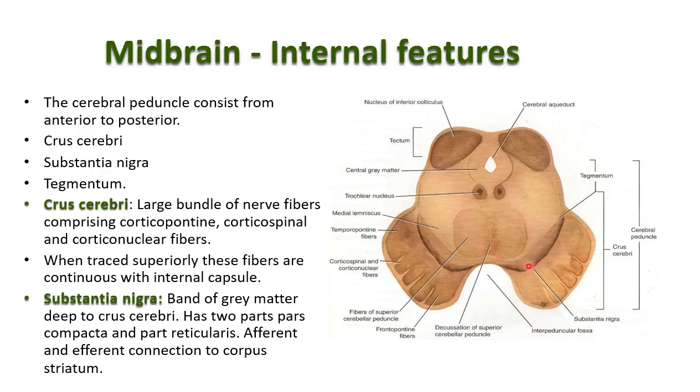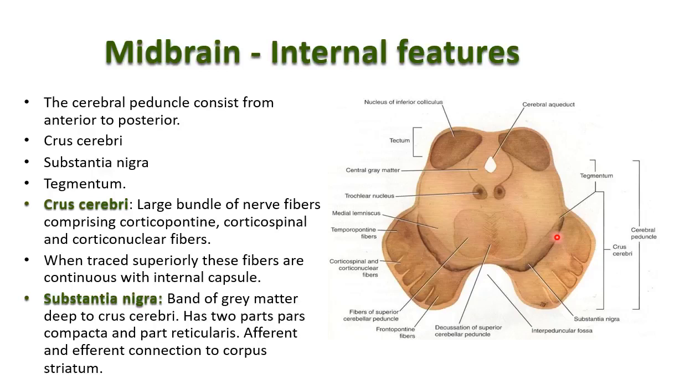Mainly the pars compacta secretes dopamine, and the posterior part mainly contains GABAergic fibers. So dopamine and gamma-aminobutyric acid are inhibitory neurotransmitters.